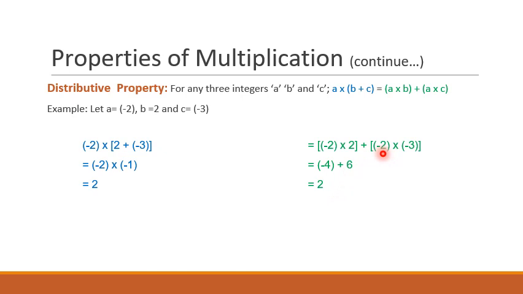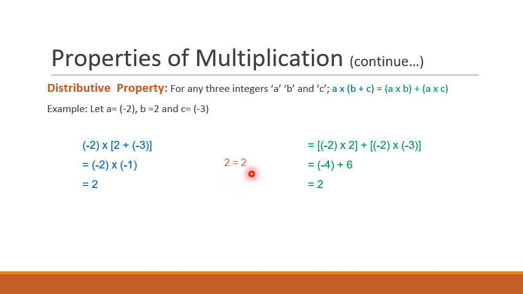And here negative, negative. Both the numbers are negative, so the answer is plus 6. So we have minus 4 plus 6. Again, one is negative, the other is positive. So we have to subtract and put the sign of the bigger number. Here the bigger number is 6, which is positive. So the answer is a positive 2. So we can see the left hand side is equal to the right hand side. Both the answers are 2.